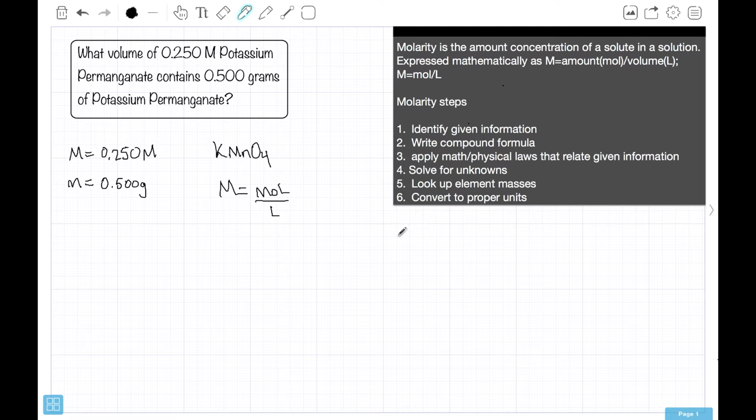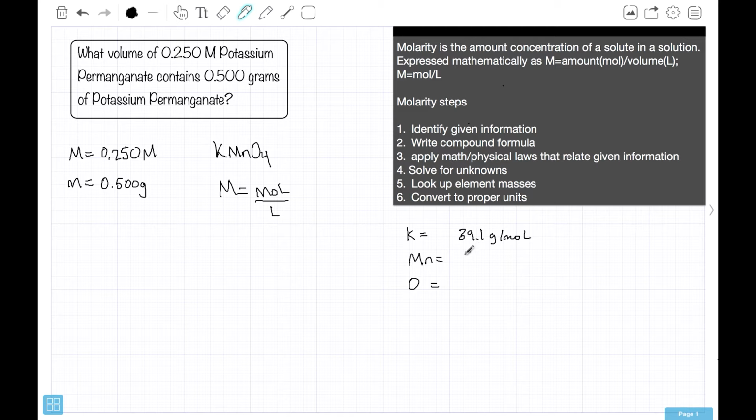In order to do that, we have to do like step 5 says. And we have potassium. Oh, excuse me, I meant to write Mn. And we have oxygen. All right. So for potassium, the mass of that is 39.1 grams per mole.